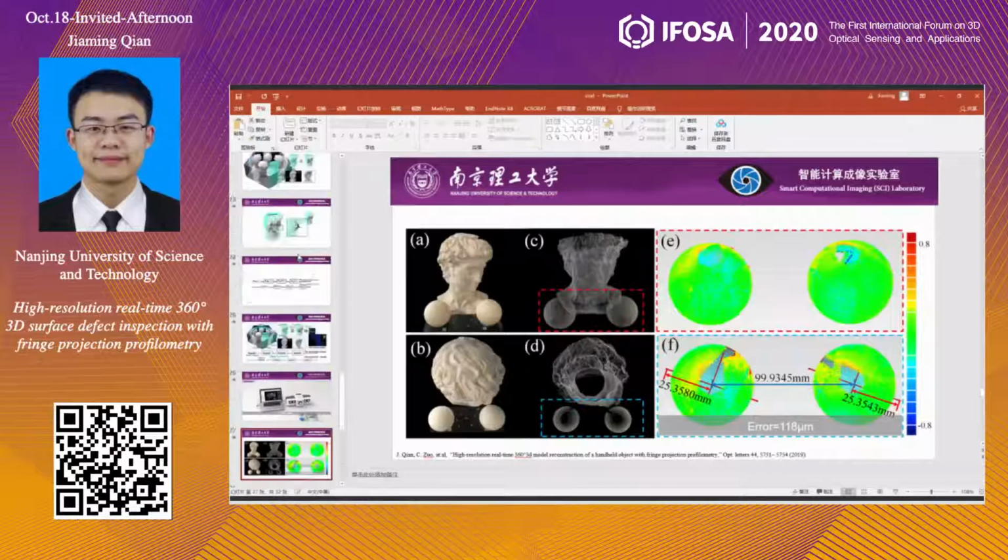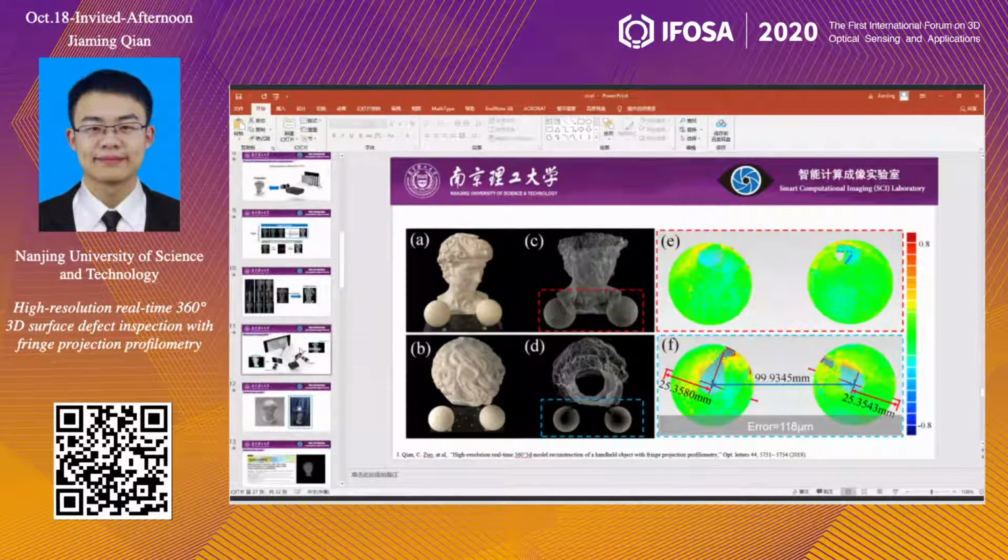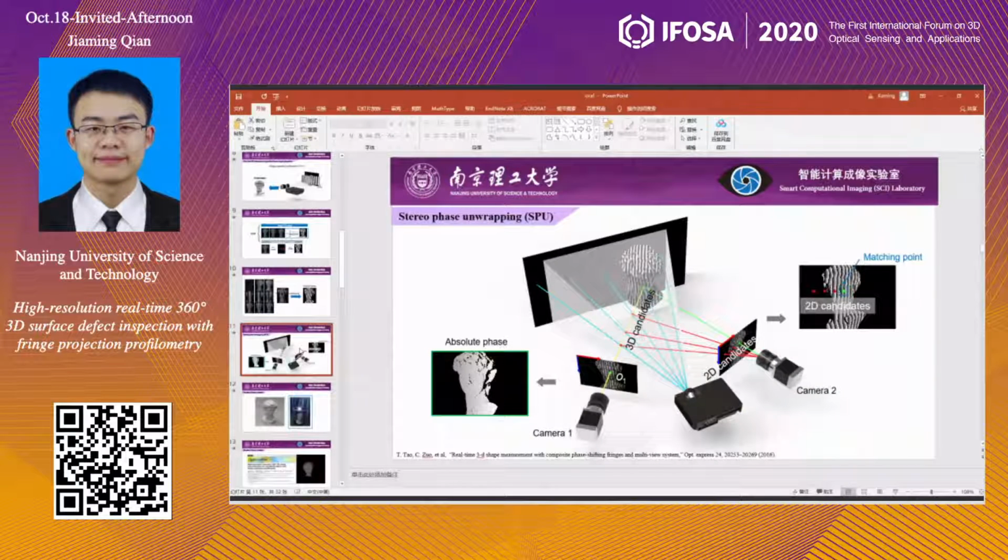Because the method of our 3D information acquisition is the three-step fringe projection method. So if the object is rotated too fast, it will cause some motion ripples.